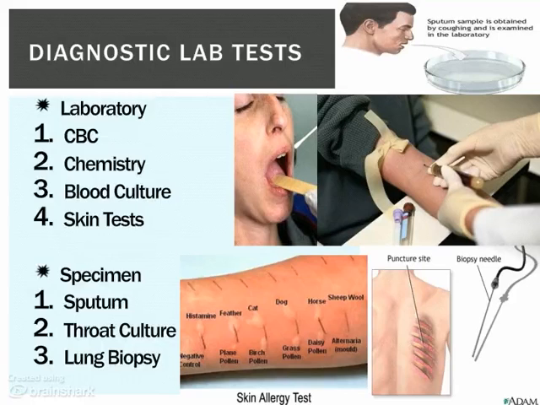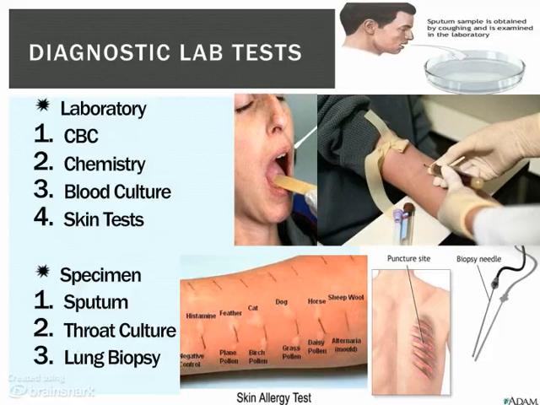A chemistry may be done for the same purpose, predominantly for a baseline result, or to look at the metabolic condition of the patient. Blood cultures would be done to look for a systemic infection. Skin tests perhaps for allergies if the person is continuously having respiratory symptomatology.